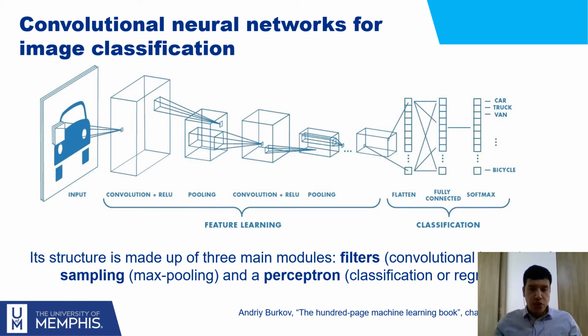So, what's the structure of a CNN? Well, CNNs are composed of three main modules: filters, sampling layers, and the perceptron last part. The filters are essentially convolutional layers. These are structures that apply numerical convolutions over the input images, or over the information preceding a given layer at a particular moment.